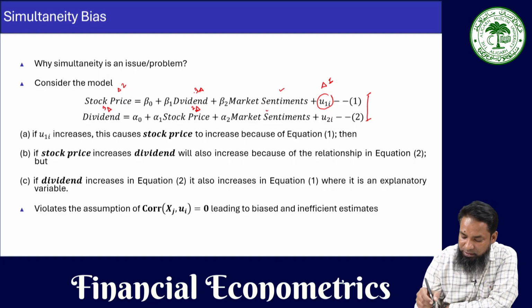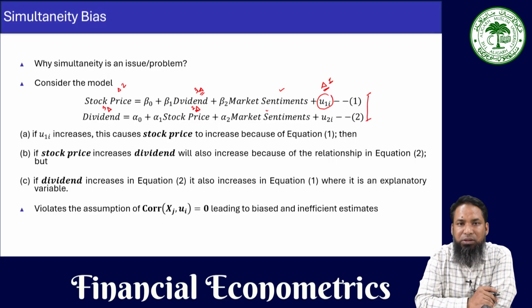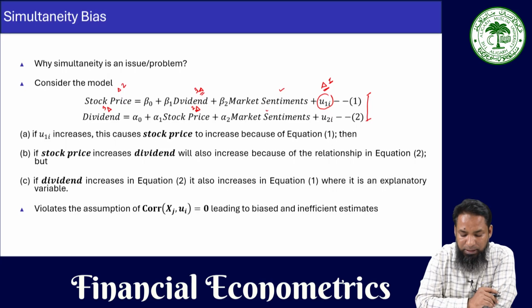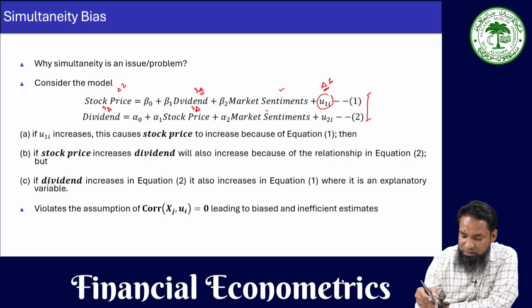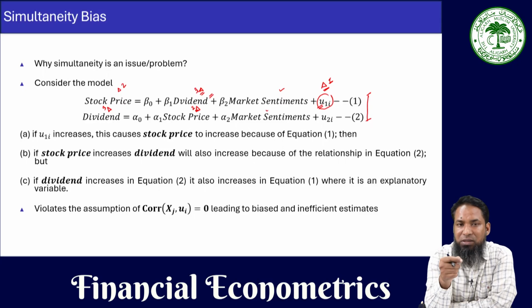That means a change in the error term has resulted in a change in the explanatory variable, that is the dividend. That means we might predict some kind of relationship between this error term and this explanatory variable, which is basically a violation of the assumption of OLS.